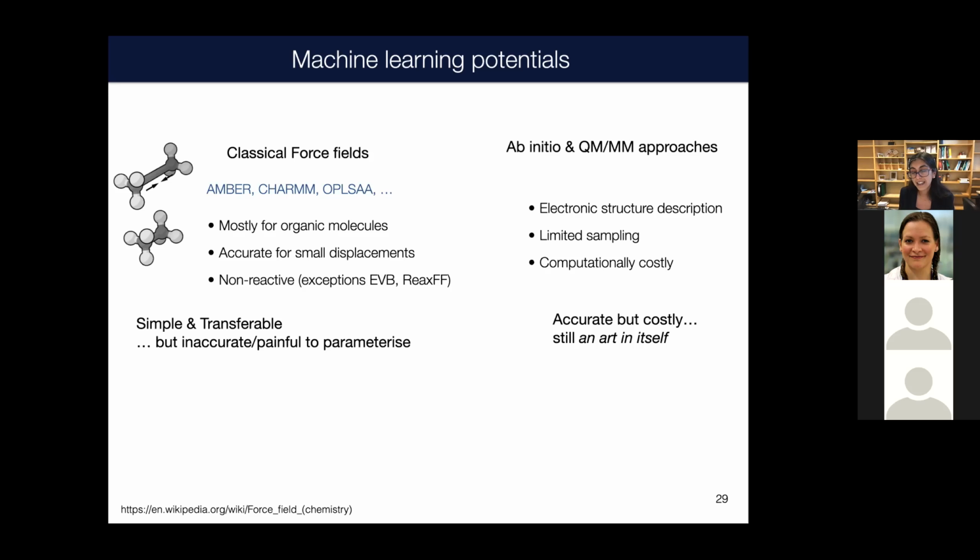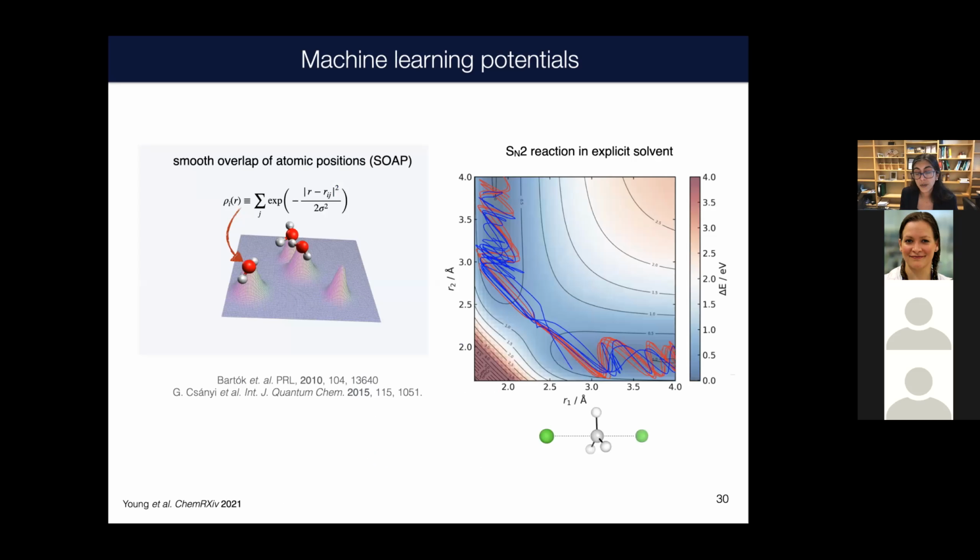But still, we have seen it's hugely expensive if we want to explore hundreds of supramolecular cages in an efficient time. So what we have been doing is developing machine learning potentials. And what that allows us is to do sampling, for example, of this SN2 reaction that I was mentioning in solution, but actually doing very few calculations. And that is something that I hope I can share with you in a future presentation, in much more detail, about this much more recent work.